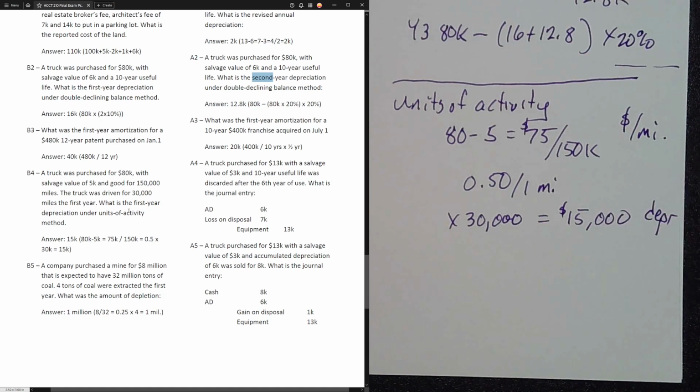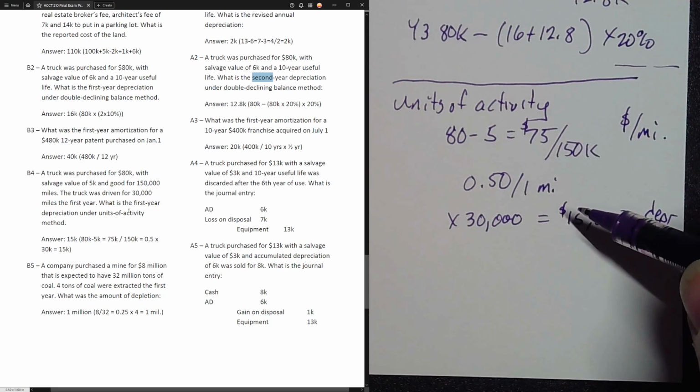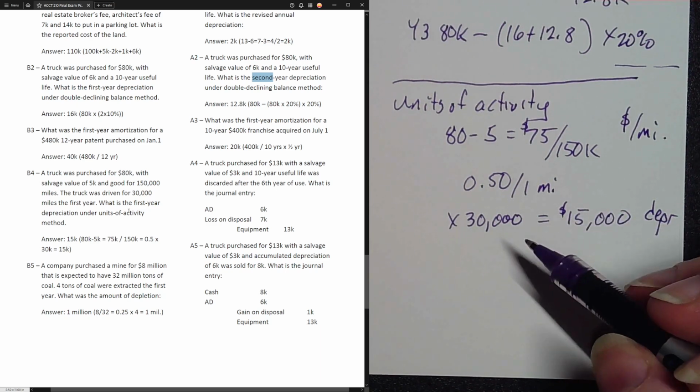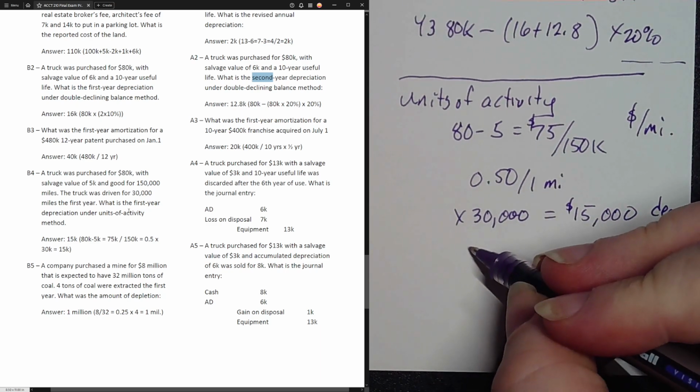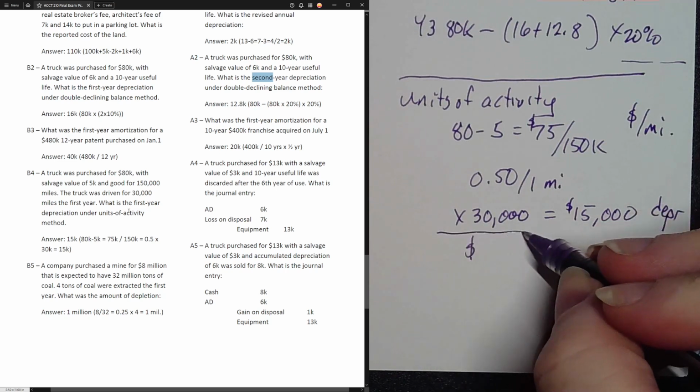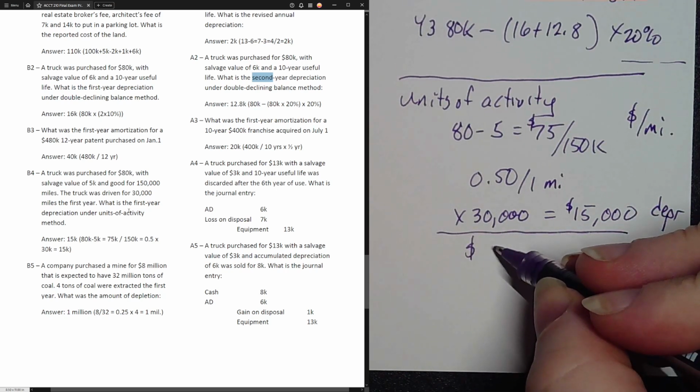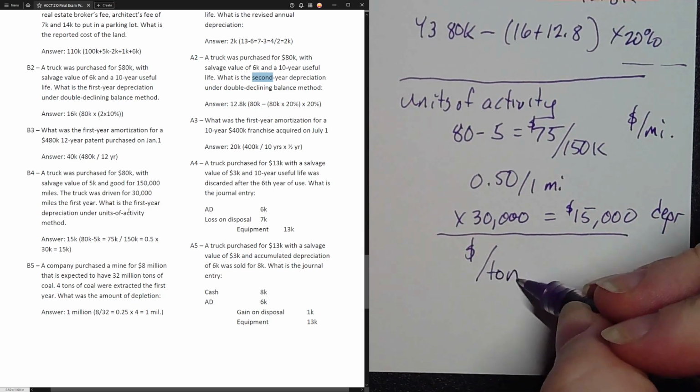A company purchased a mine for $8 million that is expected to have 32 million tons of coal. Again, we need to do the same units of activity type calculation. Well, what does that mean? It means I want to figure out how many dollars per ton of coal, per 1 ton.